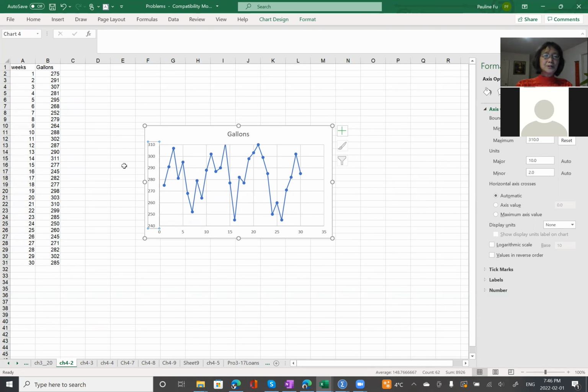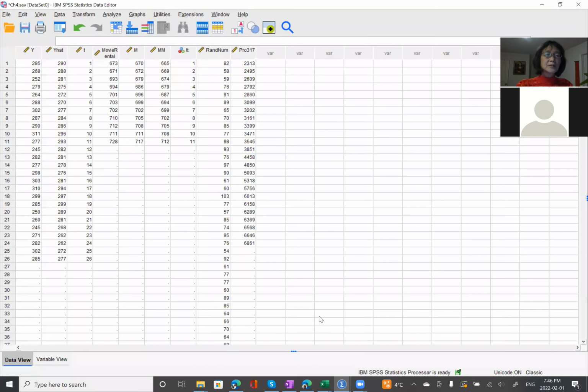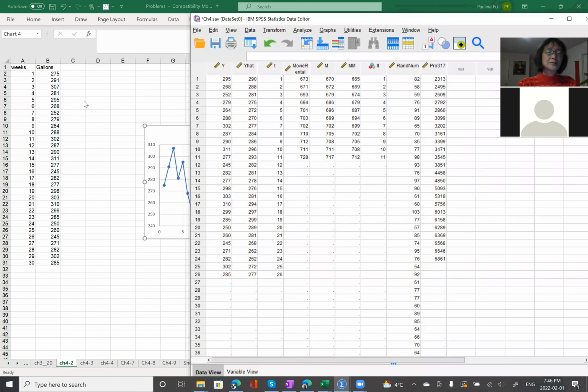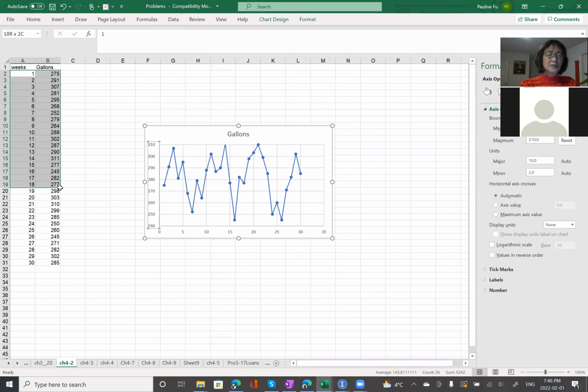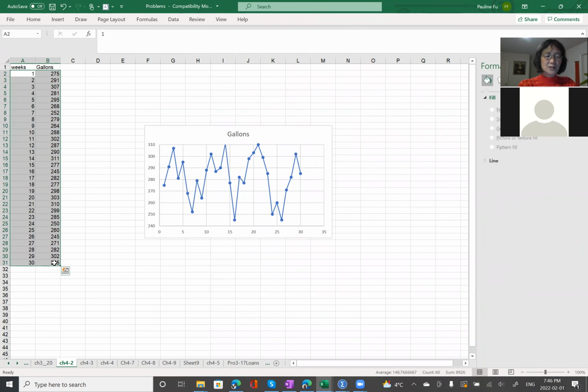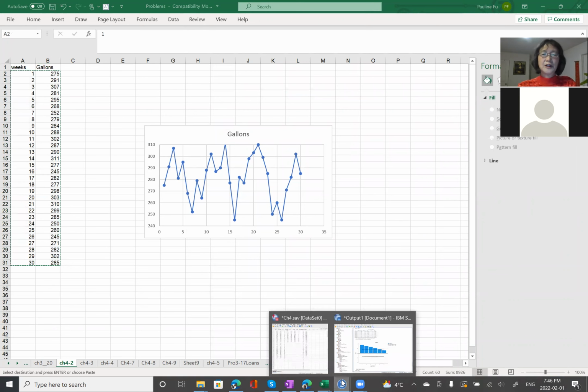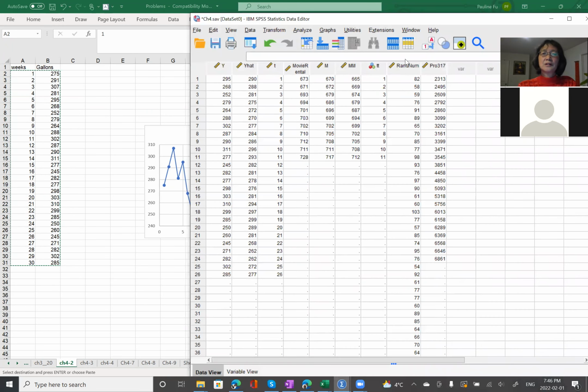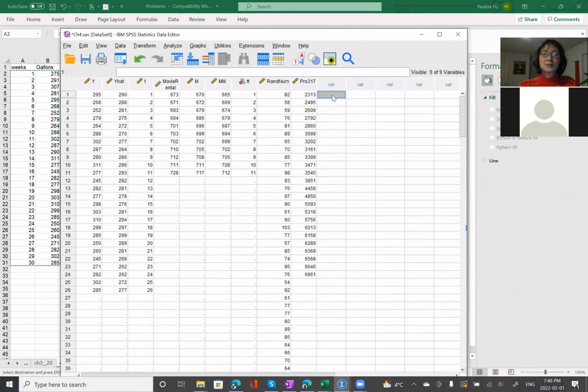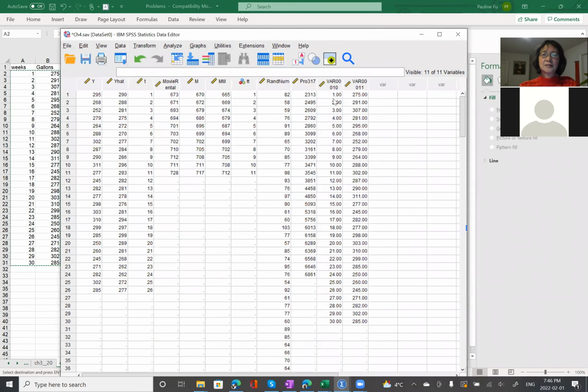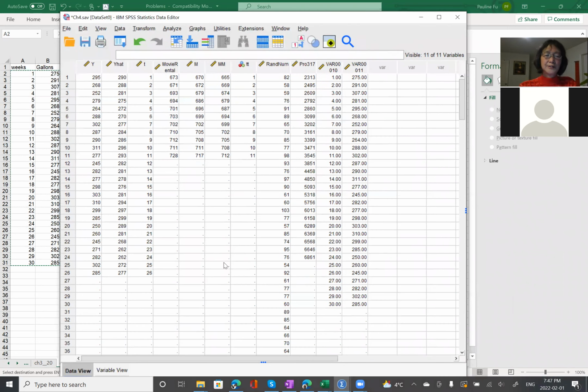And if you put the data into SPSS, I will see if I have data. I don't, so I can copy the data from Excel. I'm going to copy, Control C, and then go to SPSS. Click here, Control V. So I have to change the variable name and eliminate decimals.